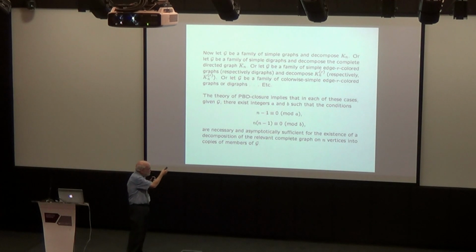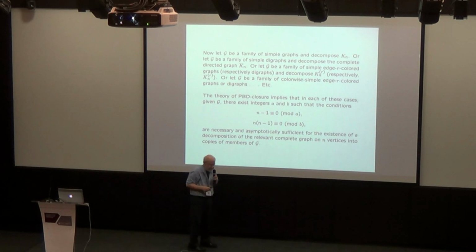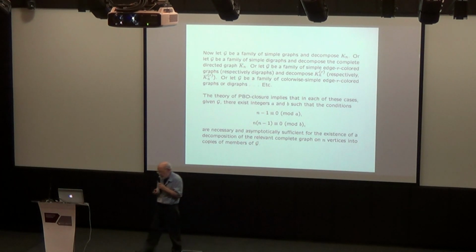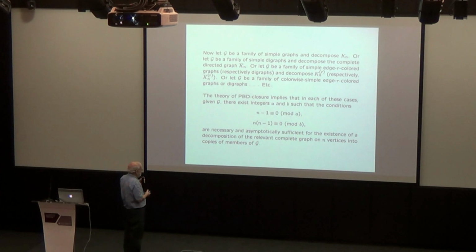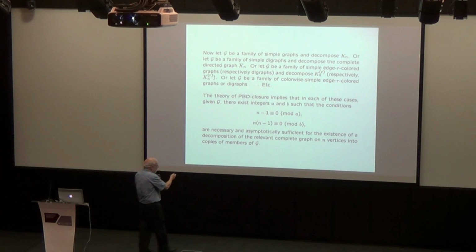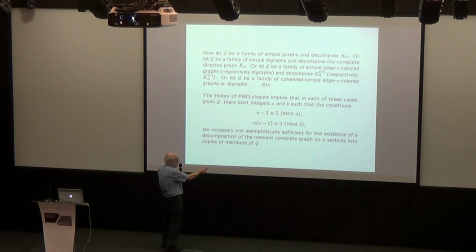The theory says there are two integers, a and b. They may both be 0, but otherwise we can assume b is even and a divides b, so that these conditions are necessary and asymptotically sufficient for the existence of the decomposition.